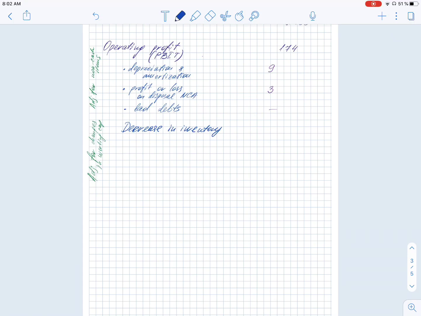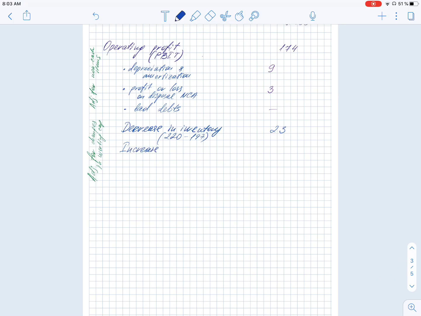The calculation would be opening inventory 2020 from the statement of financial position less closing inventory 197, which leads to a total decrease in inventory and an increase in cash in the amount of 23. The next line to consider is the other current asset, accounts receivable. Accounts receivable increased during the period, and increased, I would say, significantly.